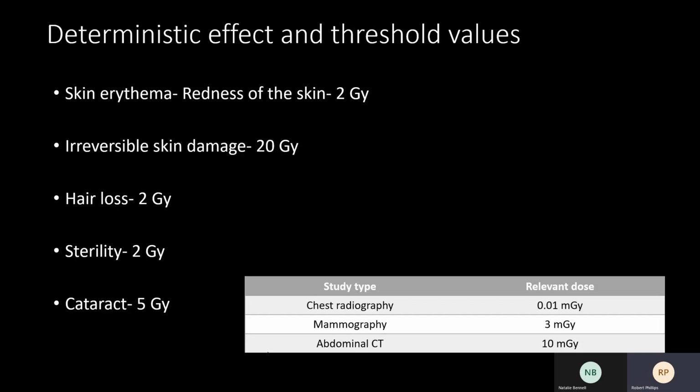If you have noticed, those doses are in milligray, which means in diagnostic radiology, deterministic effects rarely occur. Again, the exception is cataract because it's cumulative. You would need something like 500,000 chest radiographs to develop cataract.